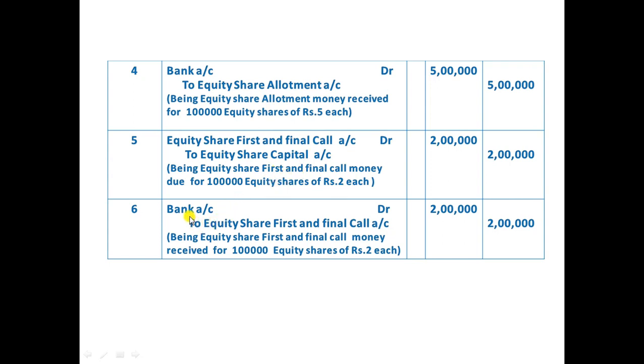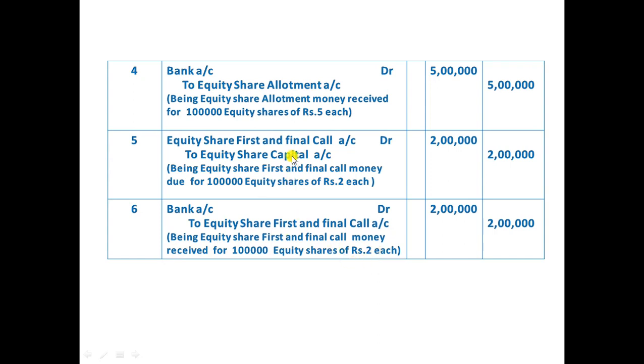So as usual the bank only will receive the installment. So bank account debit to equity share first and final call account, 2 lakh, 2 lakh. So this first and final call money due 2 lakh, the same 2 lakh a company received through the bank, and we should write the narration: being equity share first and final call money received for 1 lakh equity shares of rupees 2 each.